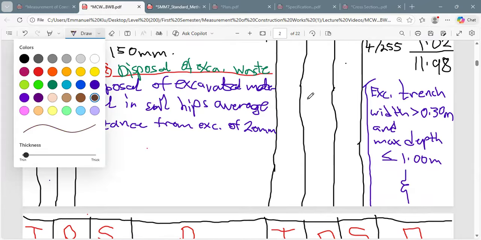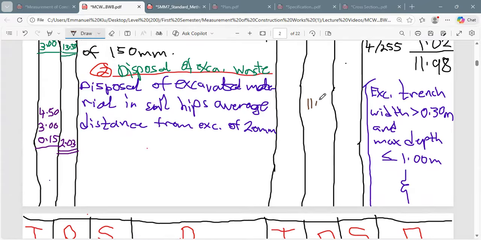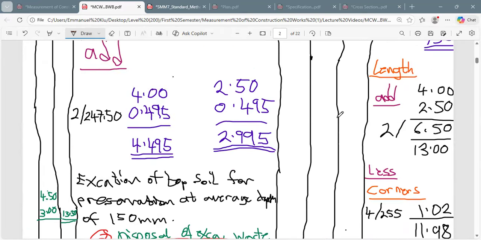So let's say this is 11.98 times the breadth, 0.75, times the depth, 0.75 again. When we calculated for the depth over here, what did we get?